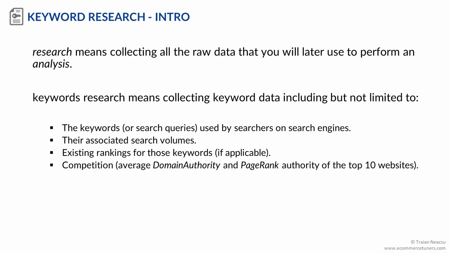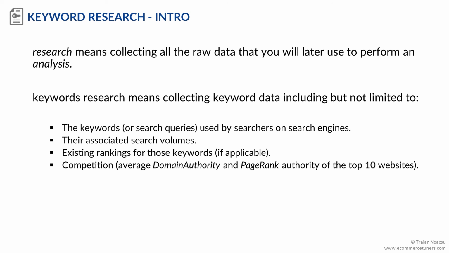In terms of marketing, research means collecting all the raw data that you will later use to perform the analysis. In reference to keywords, research means collecting keyword data from different sources. Here are some data and metrics that you might collect. The keywords or the search queries used by searchers on search engines.